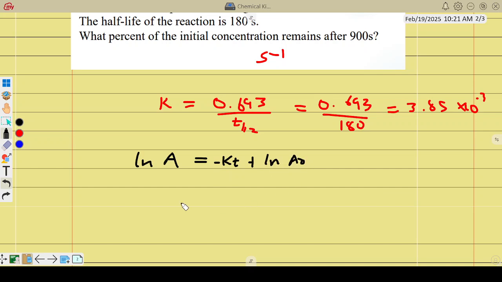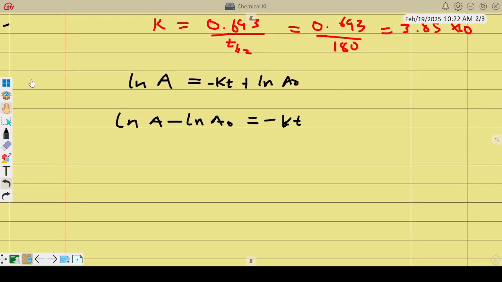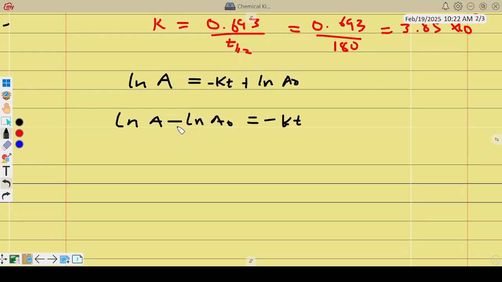When we take this to the other side, it becomes ln A minus ln A naught, and then here we remain with negative kt. Simplifying, we have ln A over A naught equal to negative kt.